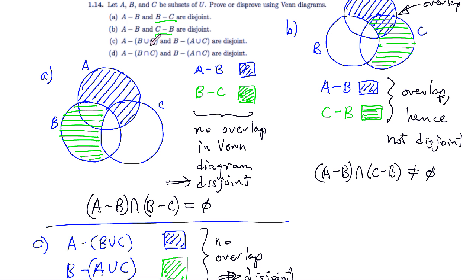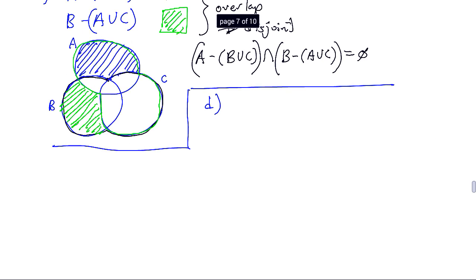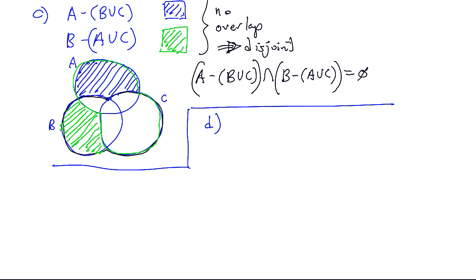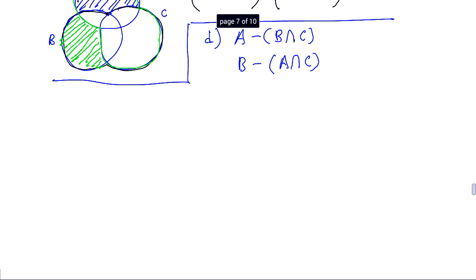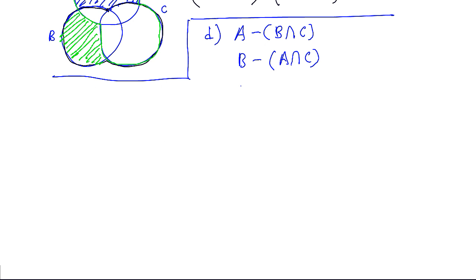A, B, C, B, A, C. So that's easy to remember, hopefully. So I've got A minus (B intersect C) this time, and B minus (A intersect C). And drawing the picture gives me this.